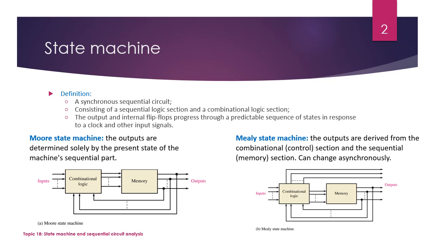You can see in the Moore state machine, the output comes directly out of the memory part. But in the Mealy machine, some of the output comes from the memory, but some output also comes from the combinational logic, or the combination of those two. That's how you differentiate them.